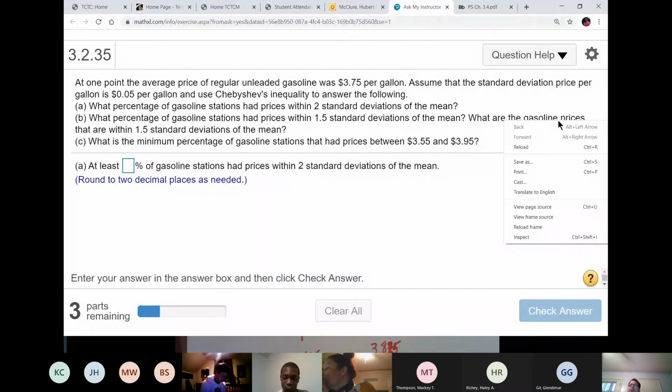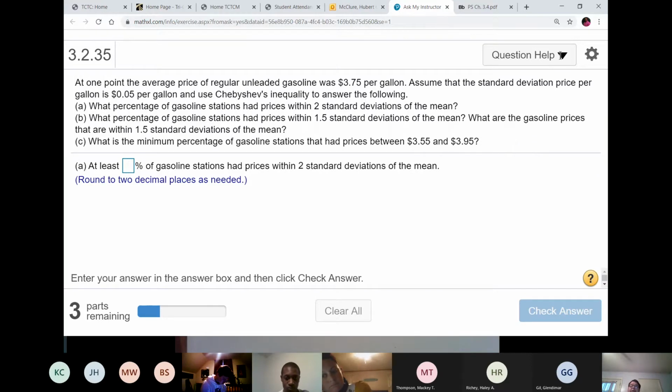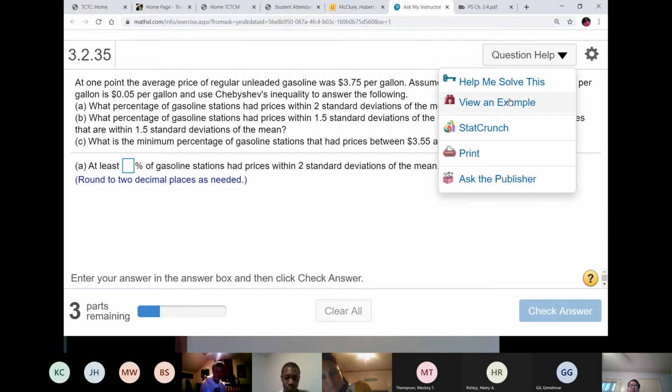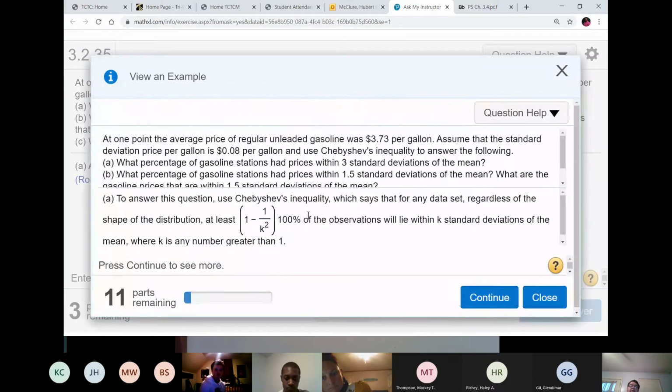Now, that's if you're doing the empirical rule. If you do Chebyshev's rule, which nobody does, you got to use his formula. And there is his formula right there. Write it down. It's just for the homework. 1 minus 1 over k squared times 100%.